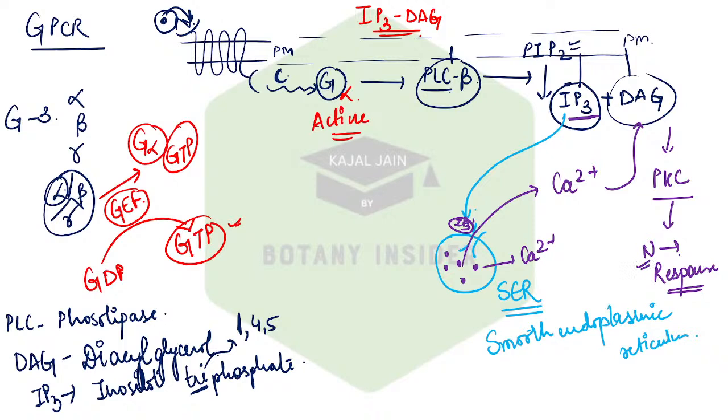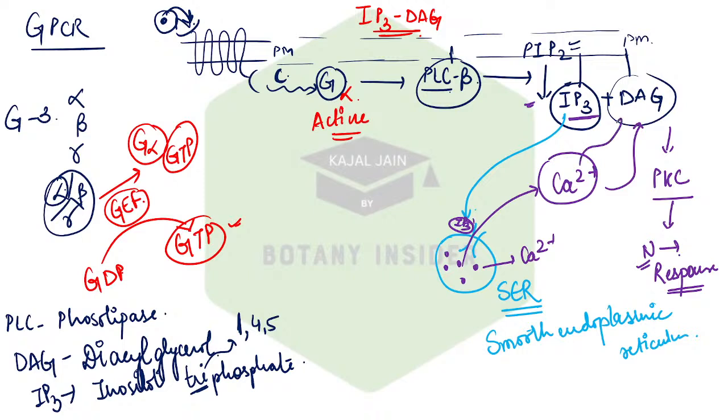Very important. Repeating it again. Calcium 2 plus is released as a result of the opening of the ion channels, because your IP3, your inositol triphosphate, gets attached to the ligand gated ion channels. Ca2 plus gets released.